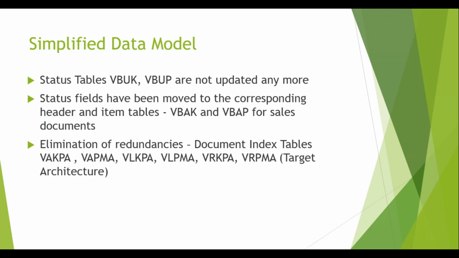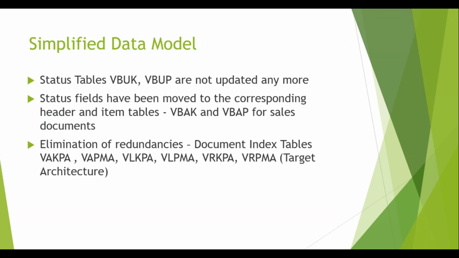Okay, so from the SD point of view, very importantly, there are 2 status tables, VBUK and VBUP. Whenever you create a sales order, convert it into a delivery, and finally perform the billing, in the entire life cycle of the sales order, these VBUK and VBUP tables get updated.